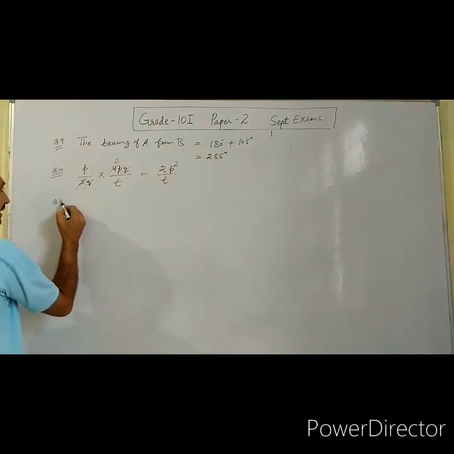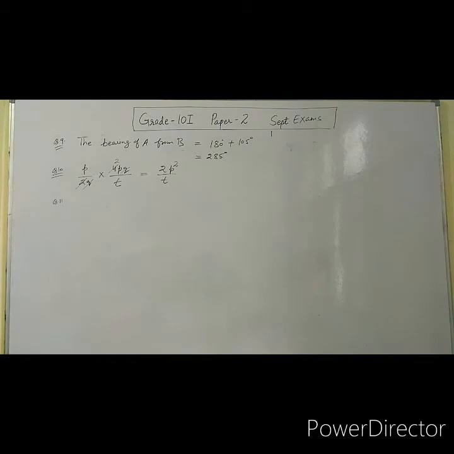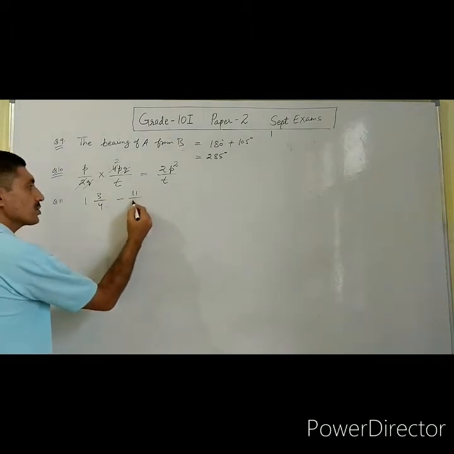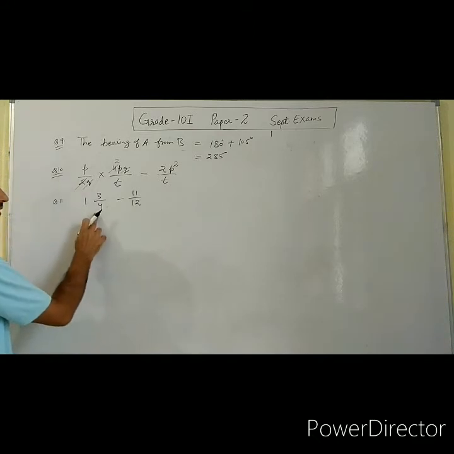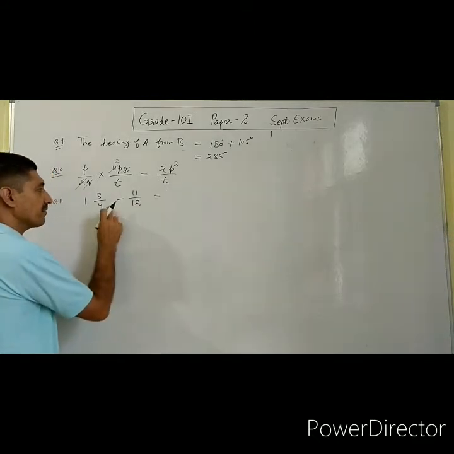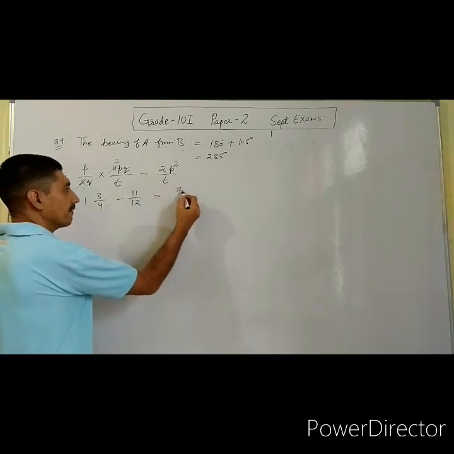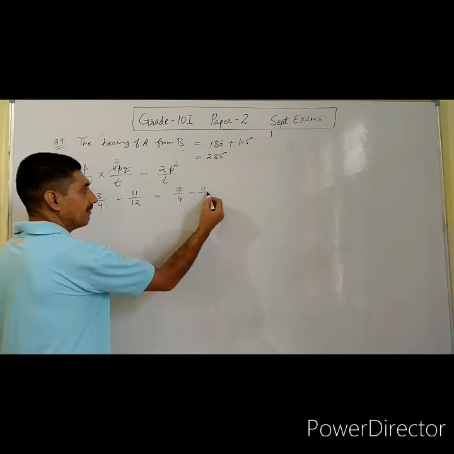Whereas in question number 11, again without a calculator we have to find the mixed fraction 1 3 by 4 minus 11 by 12. So here this mixed fraction we will bring to a simple fraction, that is 7 by 4 minus 11 by 12.